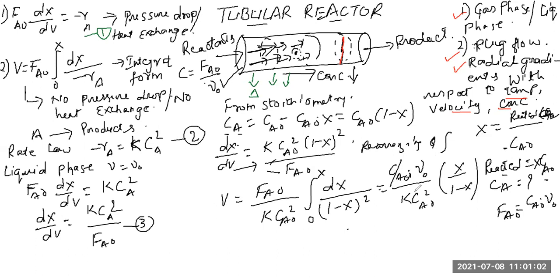So one Ca0 would cancel out, so the equation will become nu 0 divided by k Ca0, I'm sorry, there is no integral sign, we have solved the integral, it will become x divided by 1 minus x.